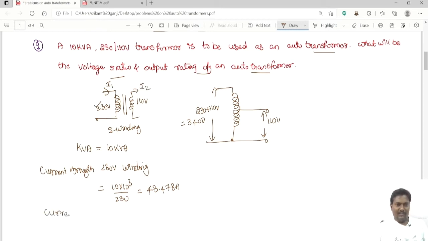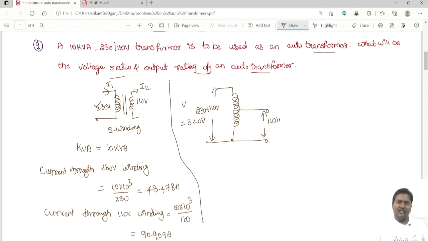The current through the 110 volts winding is equal to 10 into 10 to the power of 3 divided by 110, which is equal to 90.909 amperes.